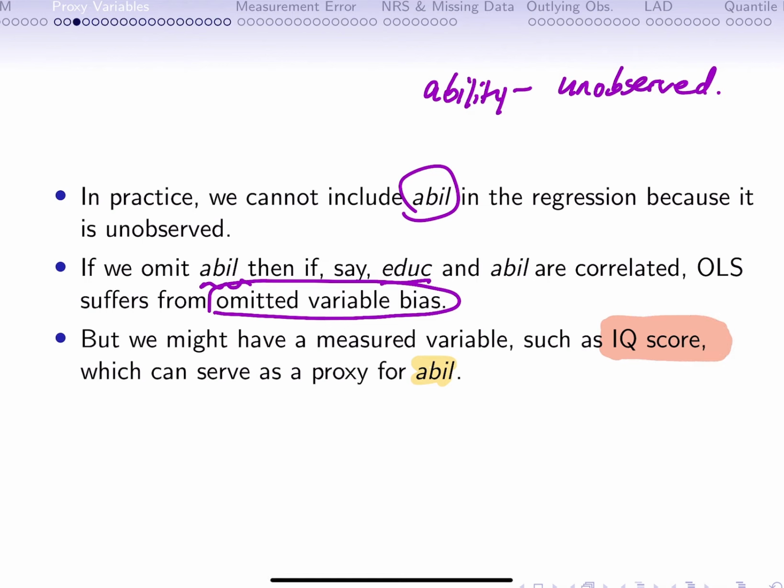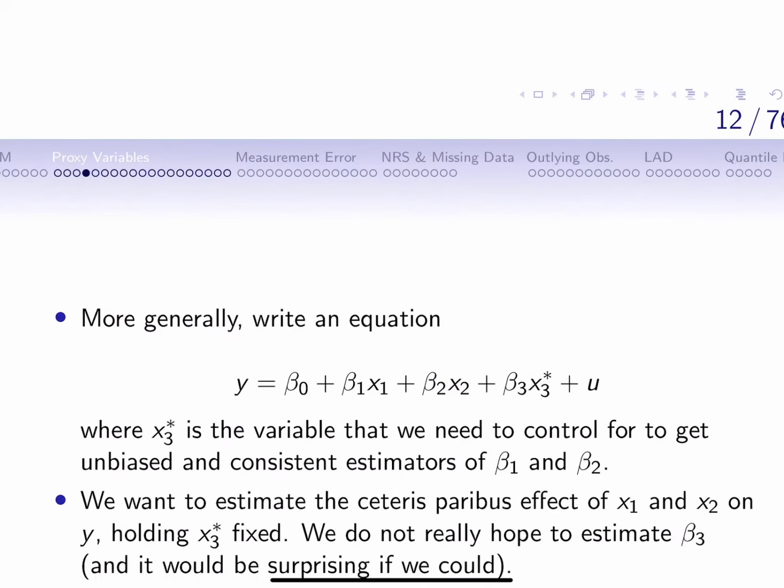We can use some data to see if there is some kind of relationship there, or some sort of bias that can be eliminated by introducing IQ scores. Okay, so the only advantage that IQ score gives us is that it is actually a measured variable and we actually have data on that. Okay, and that can serve as a proxy.